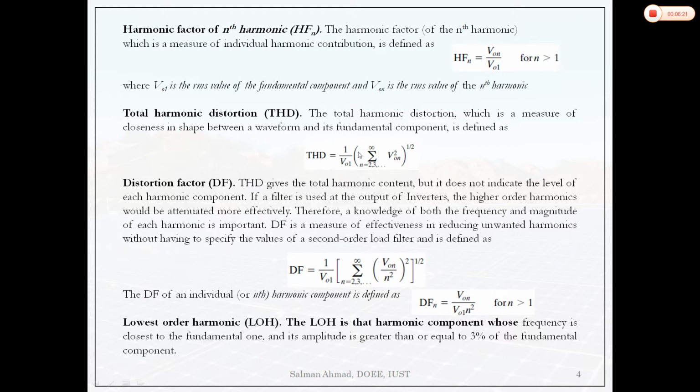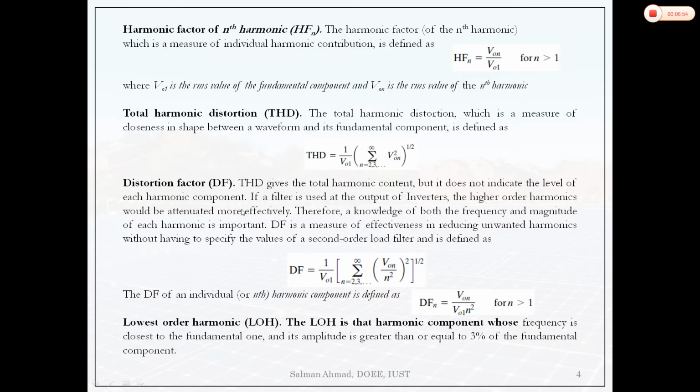It is defined as 1 upon the RMS value of the fundamental component, times the square root of the sum of the squares of all the harmonic components, where n is equal to 2, 3, 4, 5, 6 and so on. A lower value of THD is desired. If the THD value is less, that means the output waveform is better.